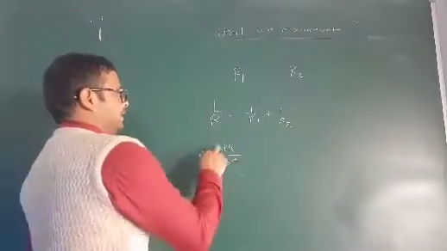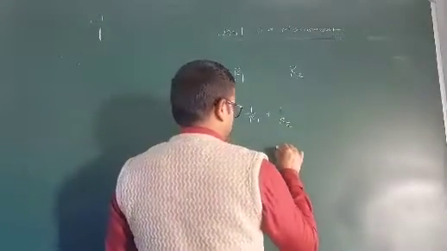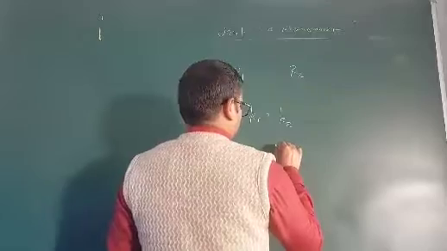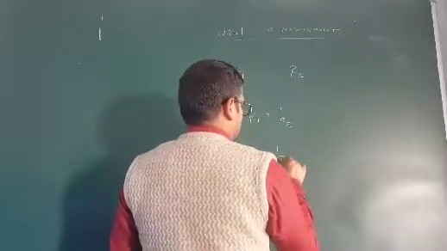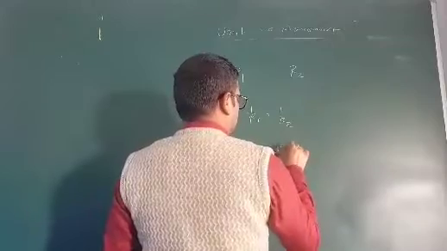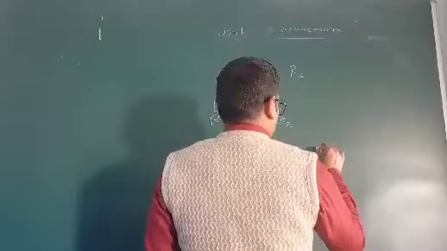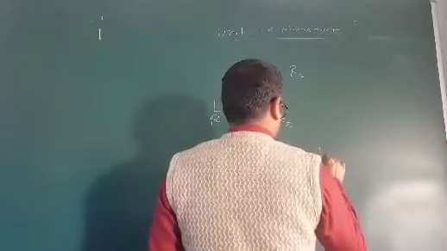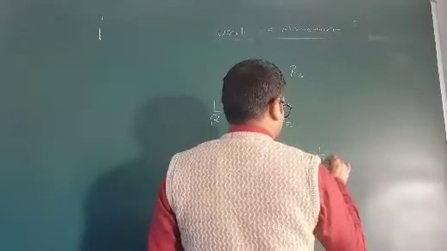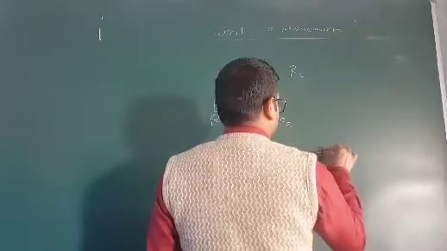So dR equals minus 1 by R1 square with dR1, minus 1 by R2 square with negative sign dR2.